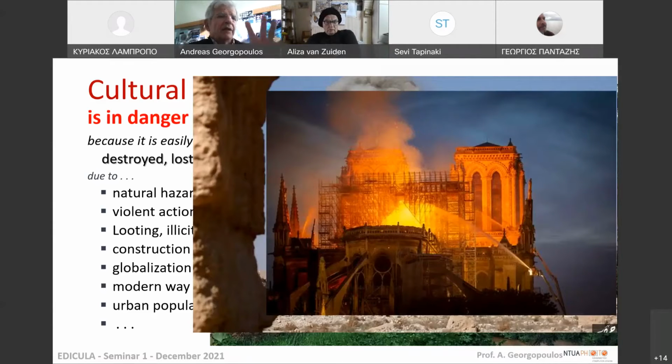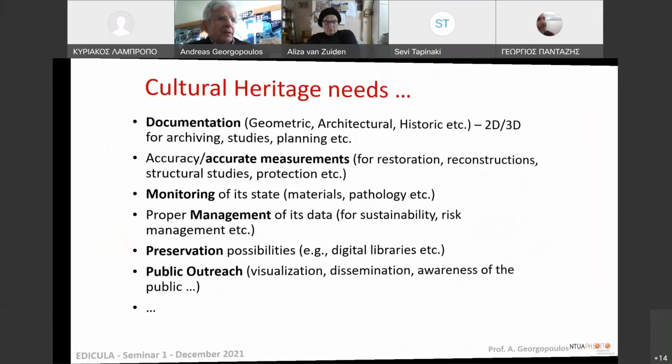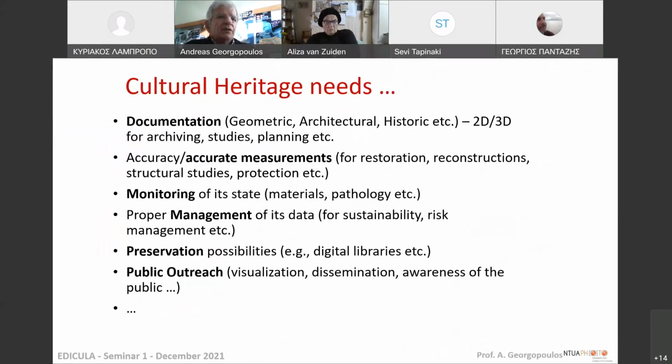So this gives you an idea of the dangers that cultural heritage is exposed to, and what we need to protect it. We need documentation, and this is what we are going to talk about. We need accurate measurements for restoration, reconstructions, structural studies, or whatever.